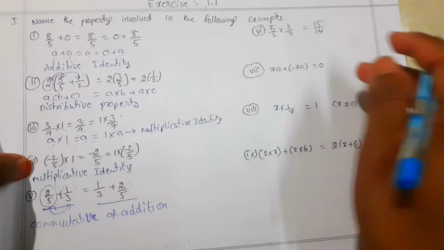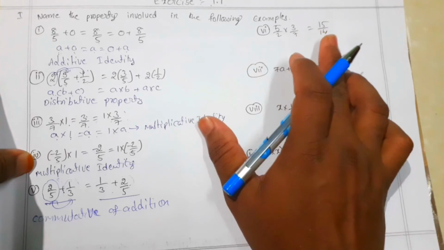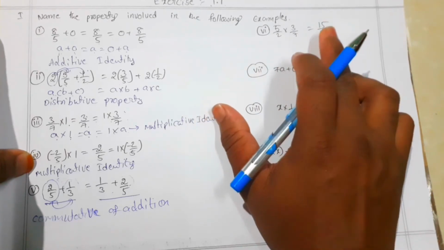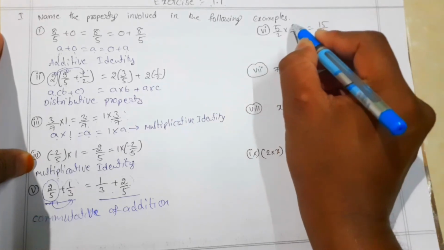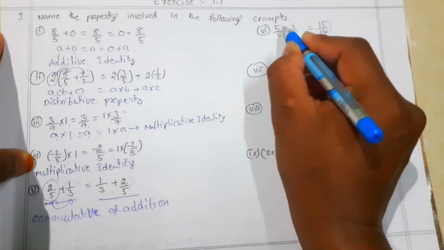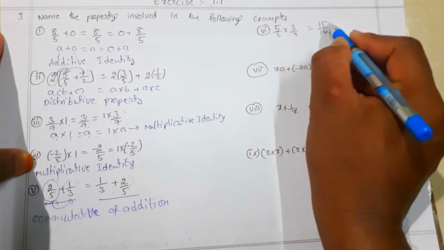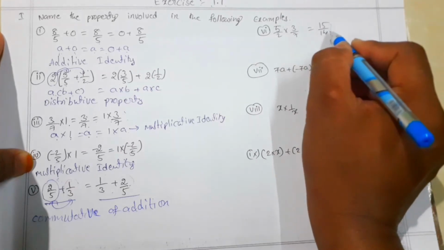And if you see the sixth one, we have 5 by 2 into 3 by 7, which is equal to 15 by 14. If you take 5 by 2 as a by b and 3 by 7 as c by d, the product is again a rational number. That means a by b into c by d is a rational number. The product of two rational numbers is again a rational number.